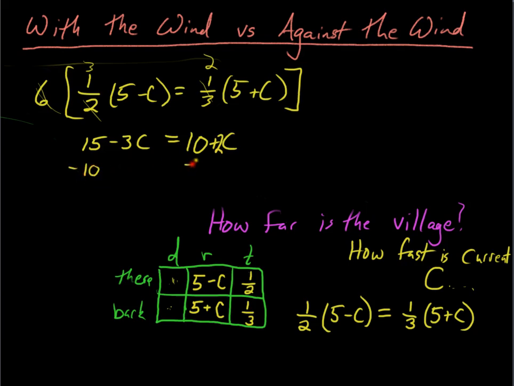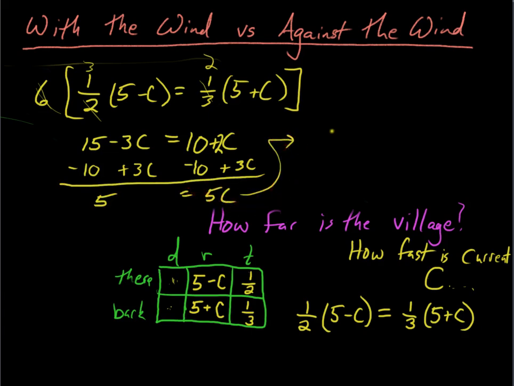Subtract 10 from both sides, add 3C to both sides. So I've got 5 is 5C. So divide both sides by 5. C is 5 over 5, which is 1 mile per hour.